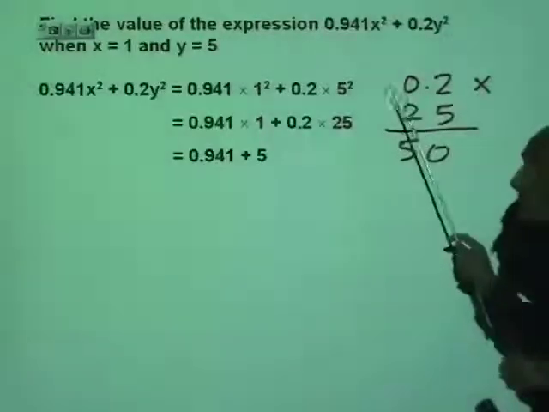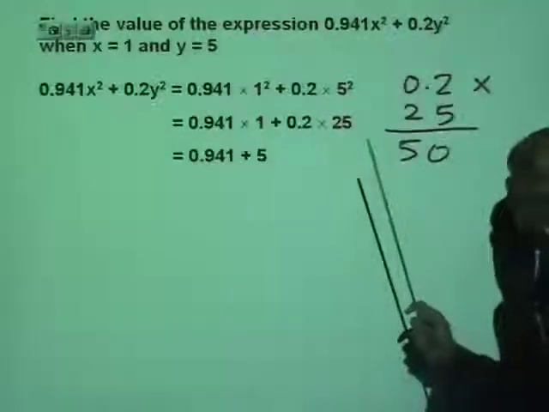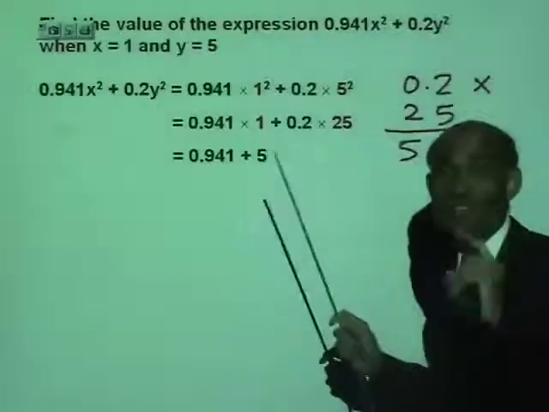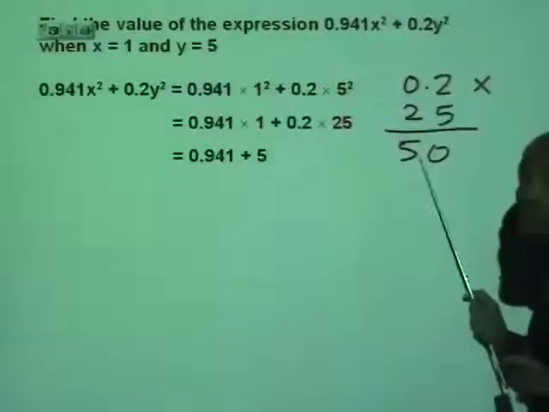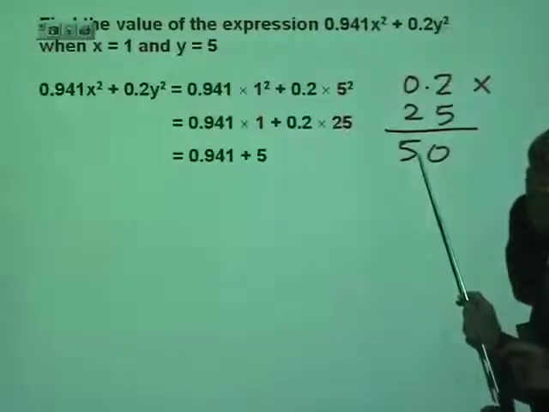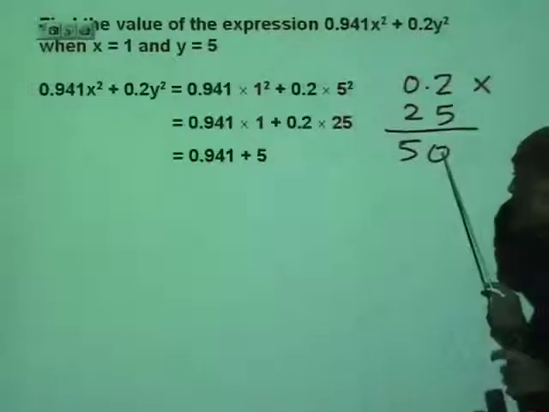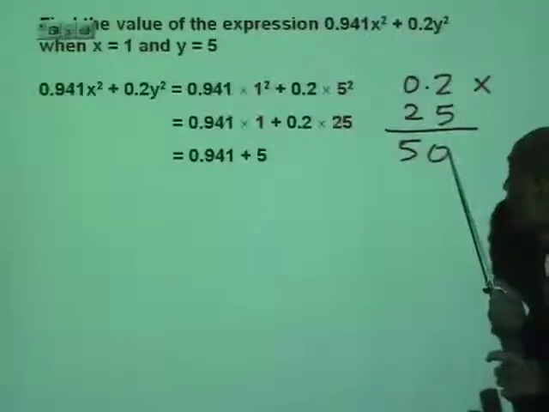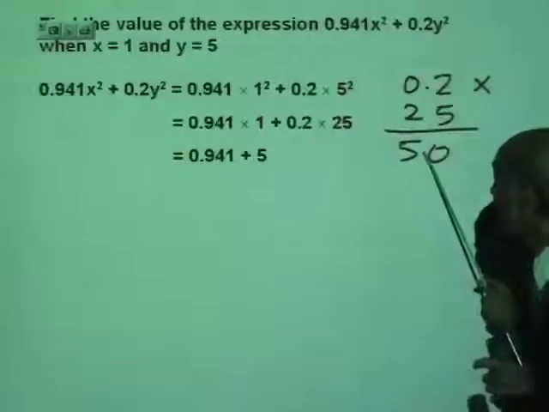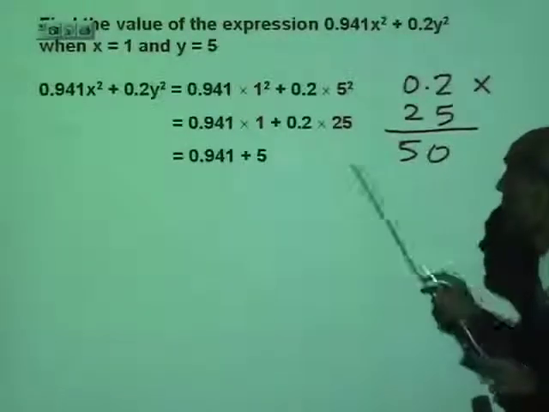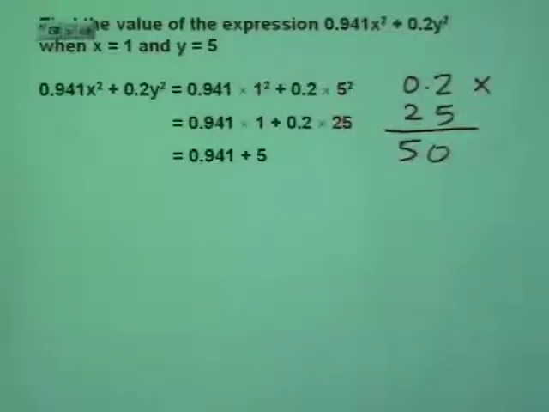But in the multiplying numbers there is one decimal place. Therefore the answer also must have one decimal place. So starting from 0, you go one place to the left and put your decimal there, and that will give you 5.